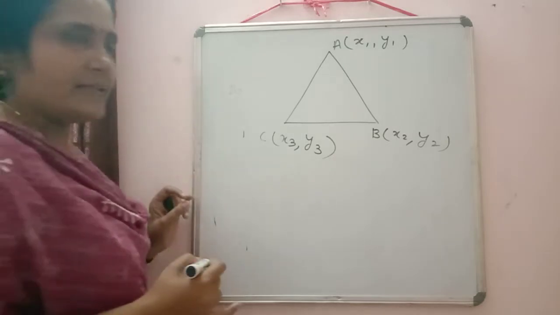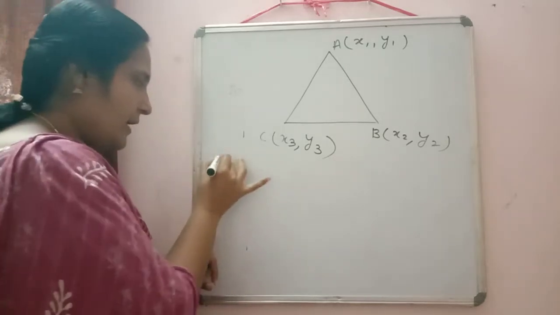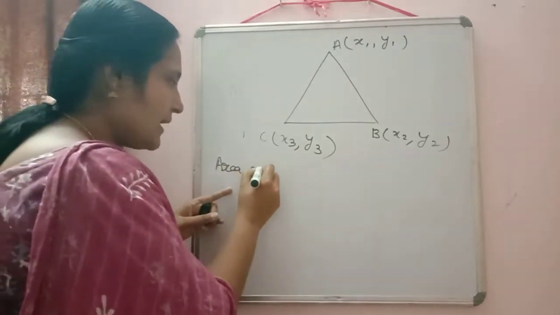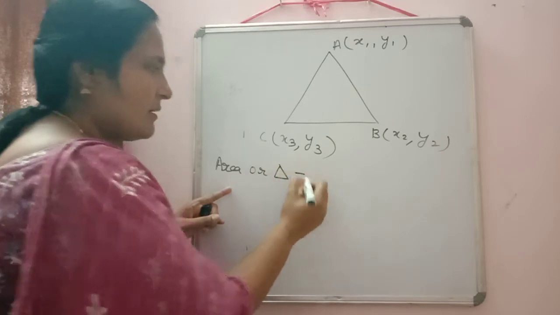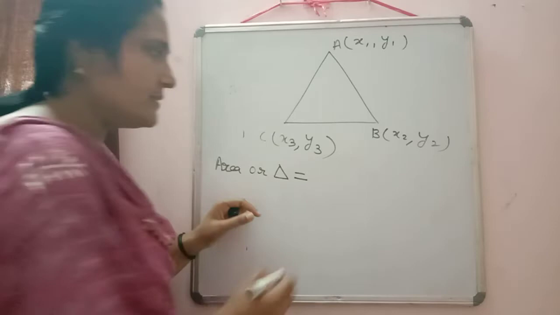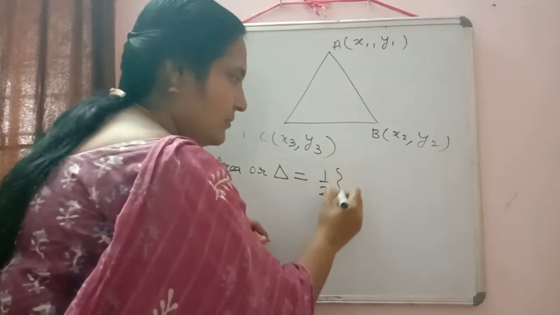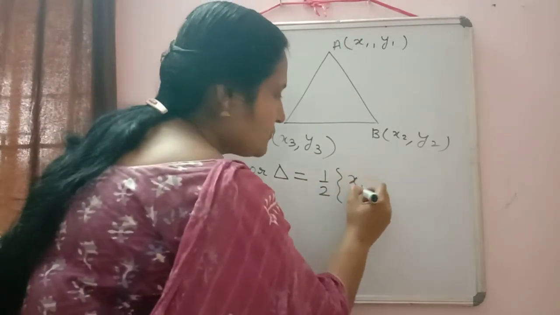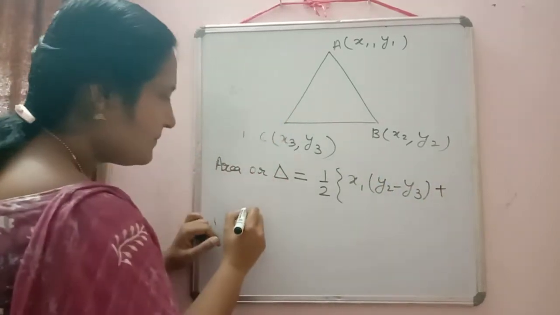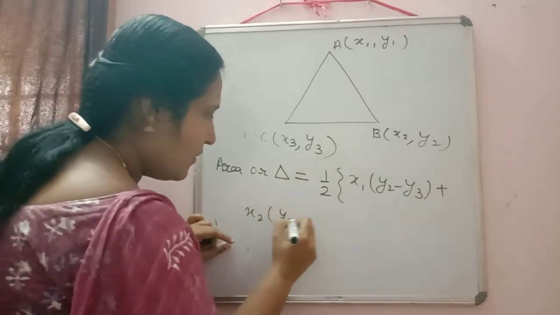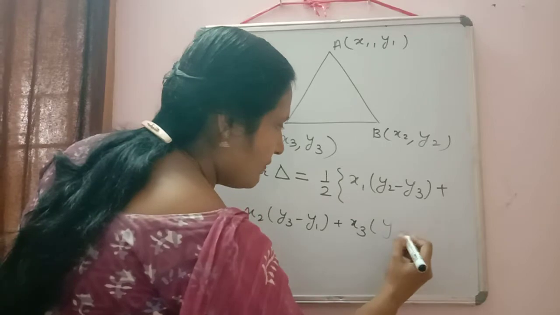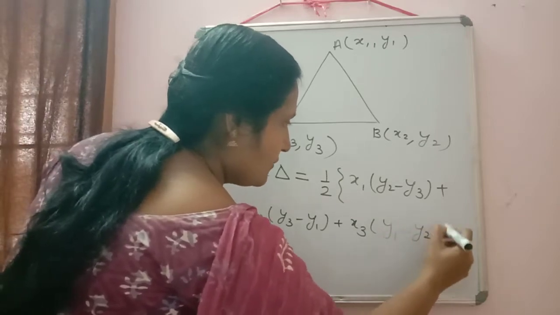So directly I am writing the formula here. Area of triangle, sometimes we denote this area by the symbol delta also. This symbol represents the area of a triangle. So area of triangle is equal to half into [x1 into (y2 minus y3) plus x2 into (y3 minus y1) plus x3 into (y1 minus y2)].